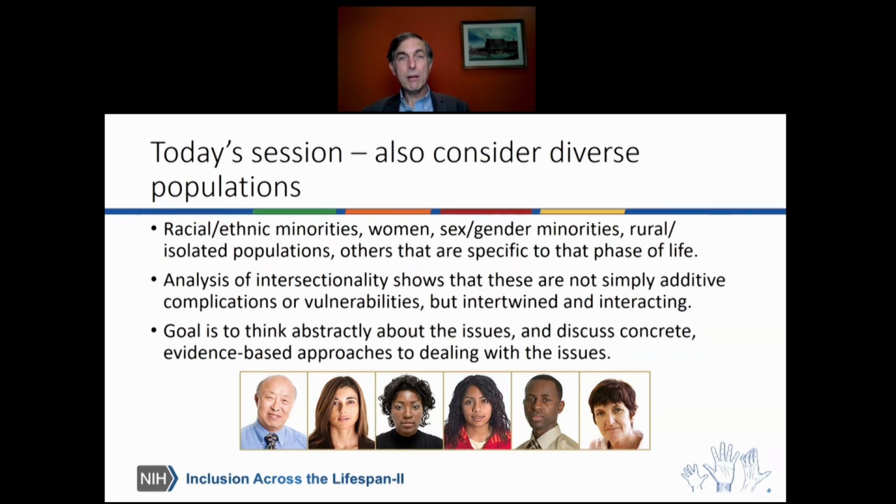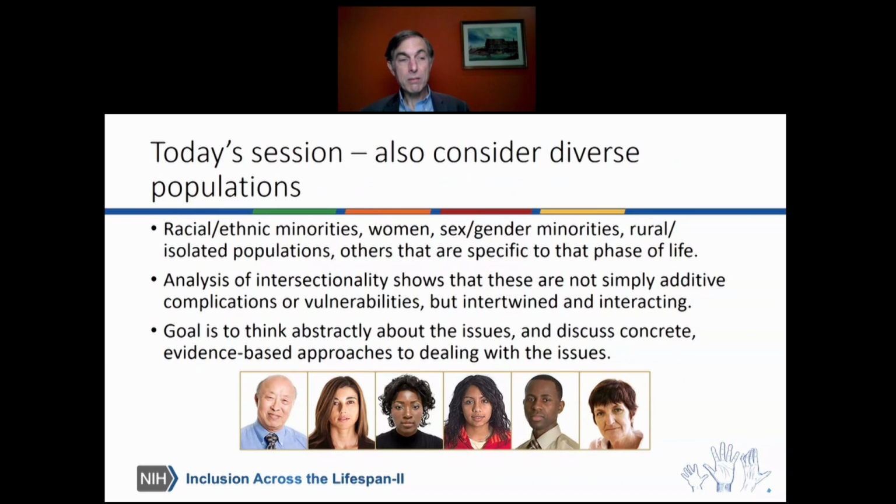I think it's important to think about this from an intersectional perspective because we're not simply adding race, ethnicity, or gender to the complications of recruiting older adults or children, but we're looking at intertwined and interacting statuses that create special needs for recruiting and retaining those populations.